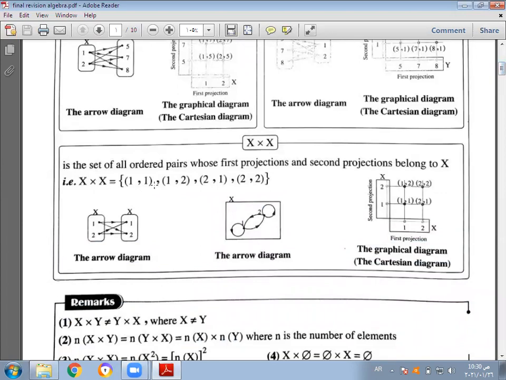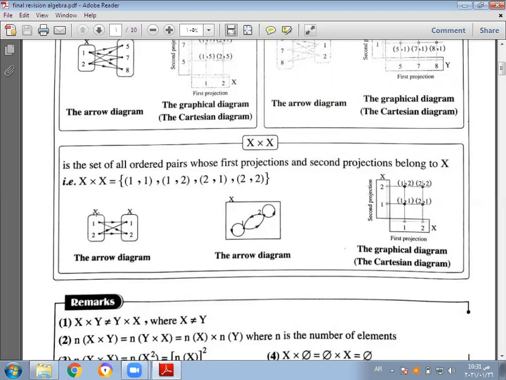If the set of all ordered pairs whose first projection and the second projection belong to x, this means x times x. x times x, Cartesian product for x times x means the set of all ordered pairs whose first projection and the second projection belong to x. So x times x equals (1,1), (1,2), (2,1), (2,2), and we can represent it by an arrow diagram and by Cartesian diagram.